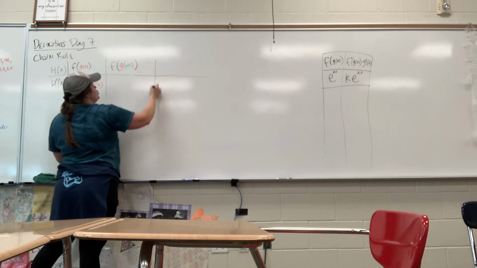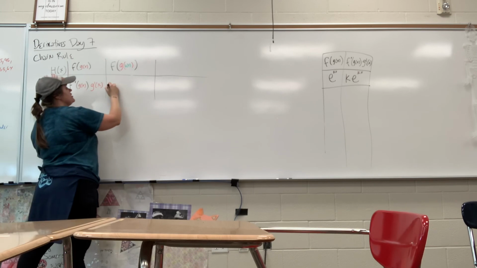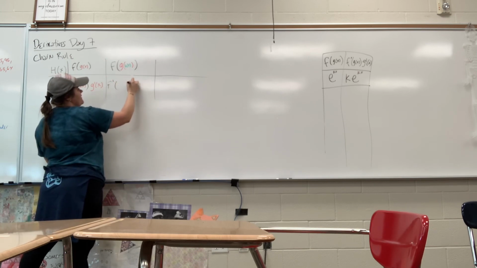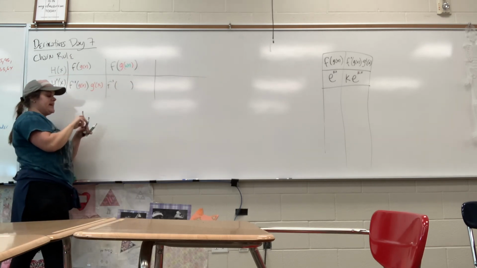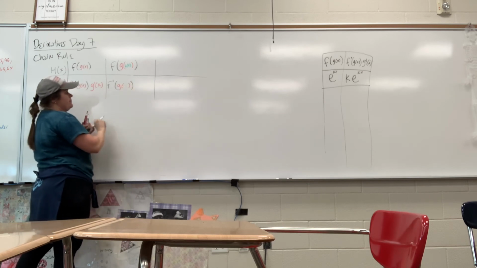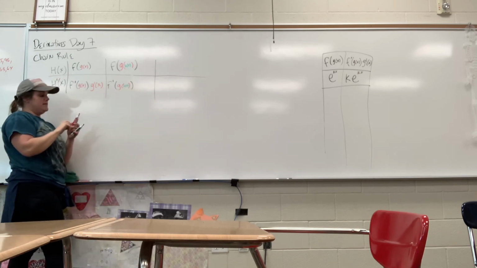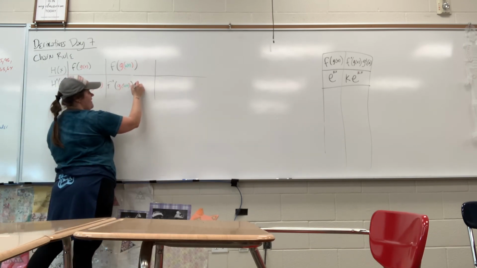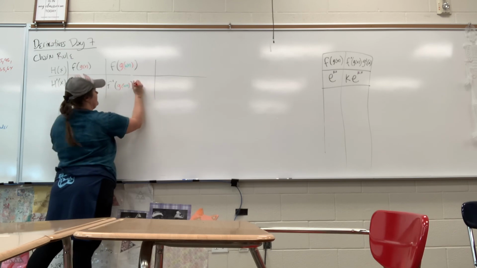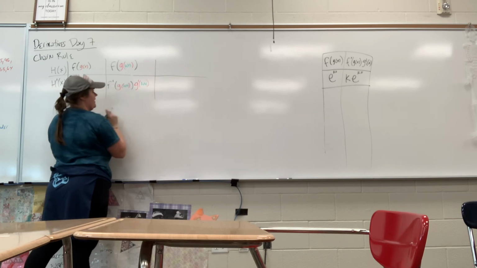I take the derivative of my biggest function, and then you take the smaller dolls, the smaller functions, and plug them into each other. Times g prime of x with all the smaller dolls plugged in.